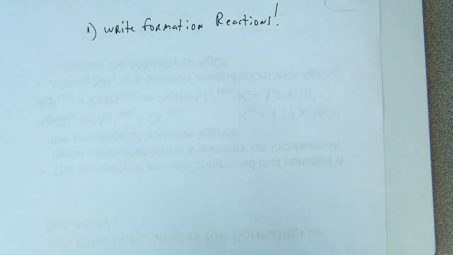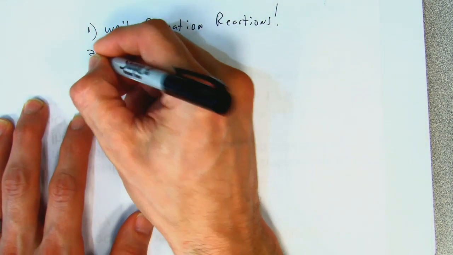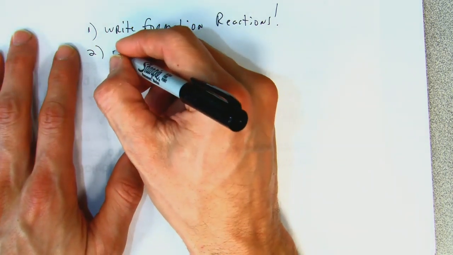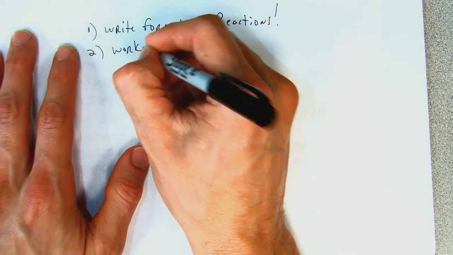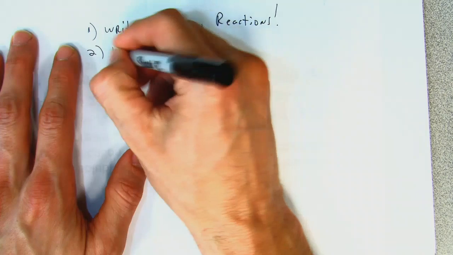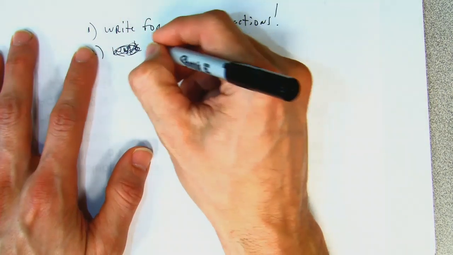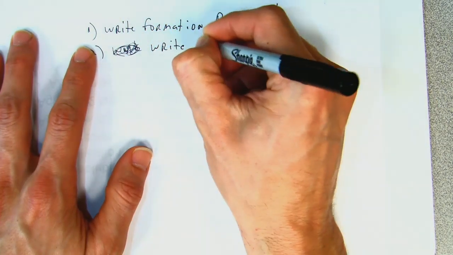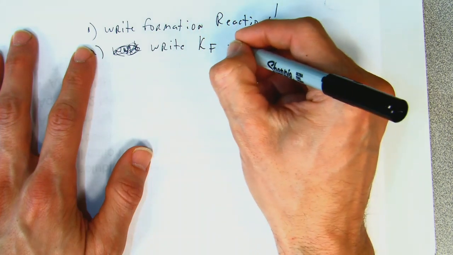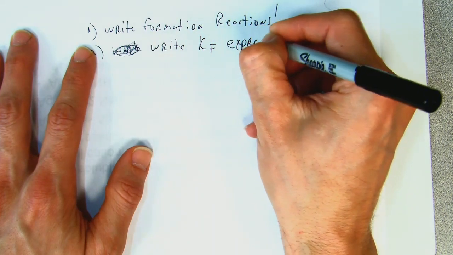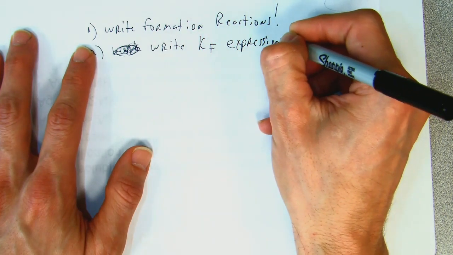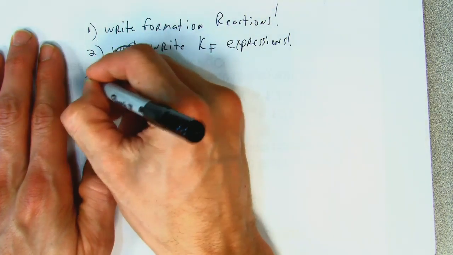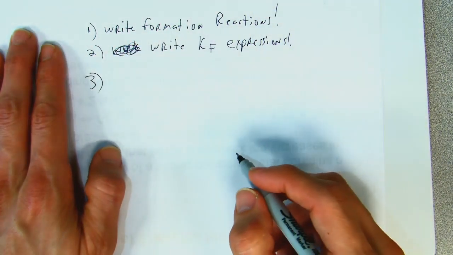I think that's super important. And I want you to be able to write Kf expressions. That's the equilibrium constant, right? Products over reactants. That shouldn't be too difficult if you could do the first one.